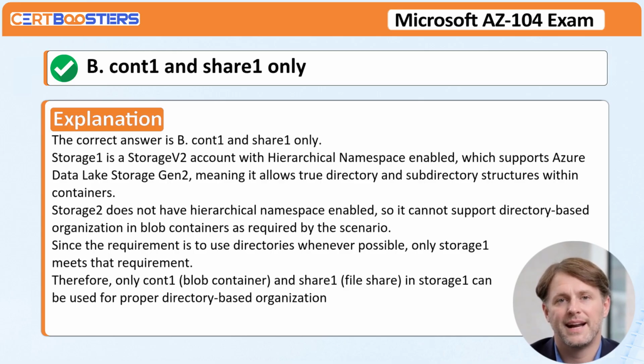Storage 2 does not have hierarchical namespace enabled, so it cannot support directory-based organization in blob containers as required by the scenario. Since the requirement is to use directories whenever possible, only Storage 1 meets that requirement. Therefore, only cont1 blob container and share1 file share in Storage 1 can be used for proper directory-based organization.